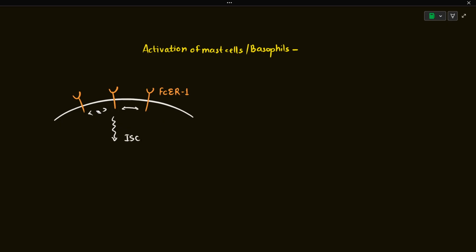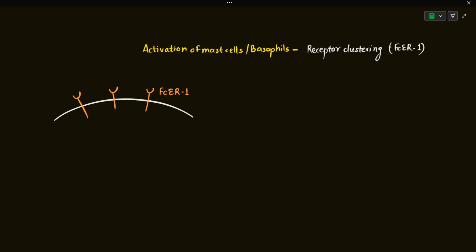So activation of mast cells and basophils is due to receptor clustering. Which receptor clustering is required? The Fc epsilon R1 receptor clustering is required.